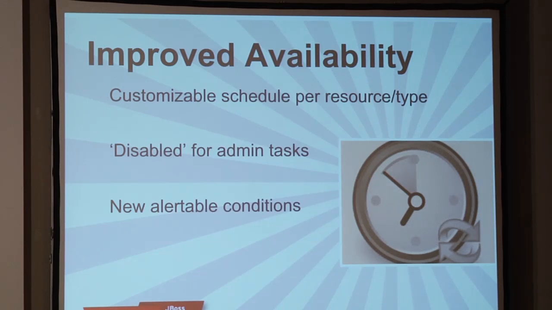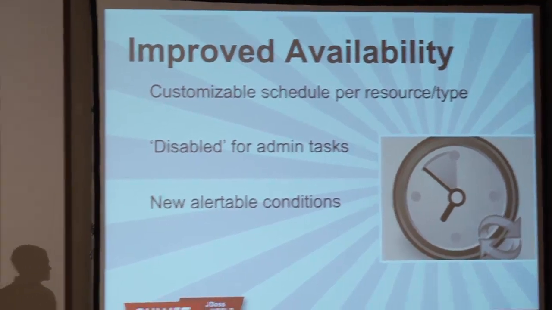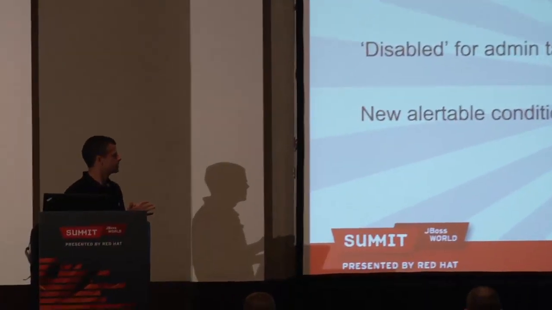So the concept of checking those machines to make sure they're still up is availability. What we've added here is the way to customize the availability checks per resource and per type. So if you have certain machines, certain, say, app servers or clusters or groups of app servers that are maybe less critical and you want to reduce the load, you can change the availability check.